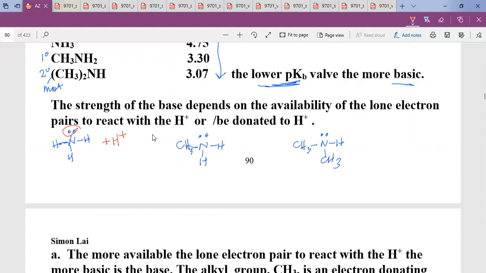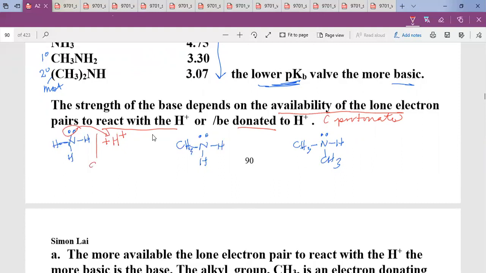Same thing here. The strength of the base depends on the availability of the lone electron pair here to donate, to protonate, or to react. Now, the marking scheme is to protonate, okay? So this is to protonate, to donate here. Dative one, isn't it?